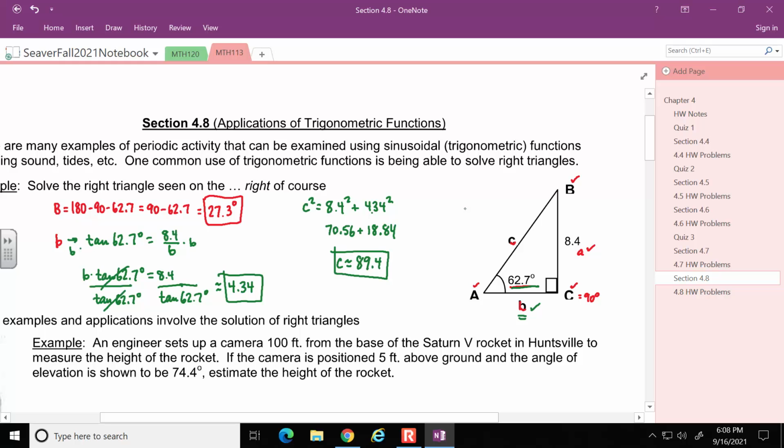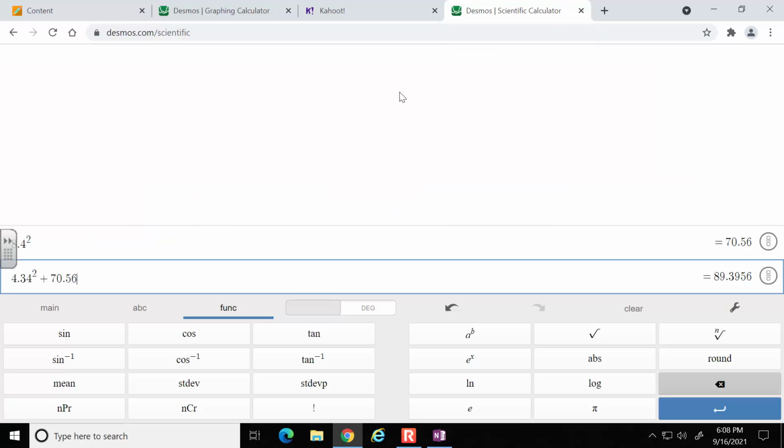Let's double check using our other method, right? If I'm given this and I'm given 62.7, that's my opposite side. That's my hypotenuse. I would have sine 62.7 degrees equals that side length, 8.4 over C, or in other words, 8.4 divided by the sine of 62.7 should give me C. So let's find that.